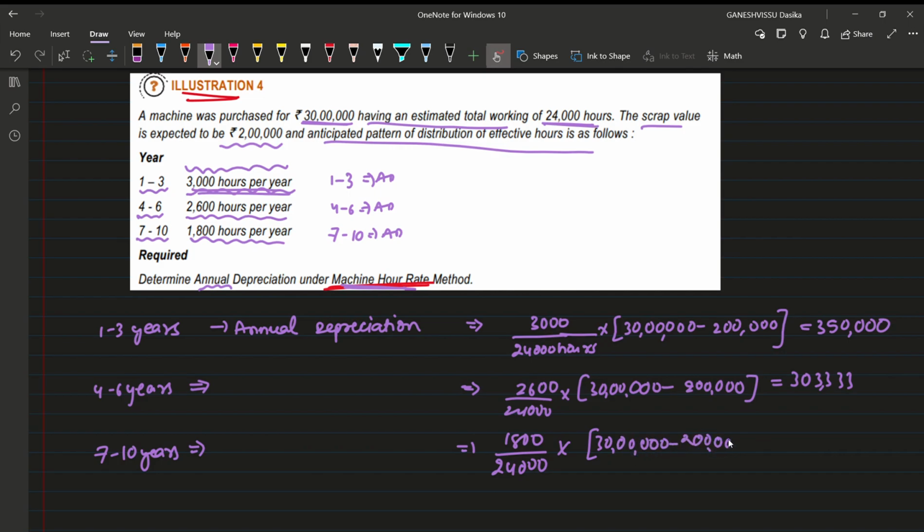So this 3,50,000 is for 3,000 hours. We need to calculate for 1,800 hours. So 3,50,000 divided by 3,000 into 1,800, which is 2,10,000.